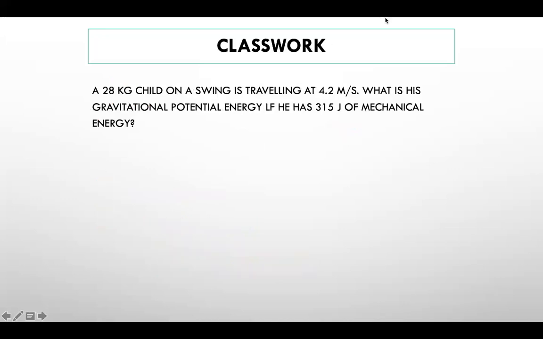Another example here: a 28 kilogram child on a swing is traveling at 4.82 meters per second. What is his gravitational potential energy if he has 315 joules of mechanical energy?